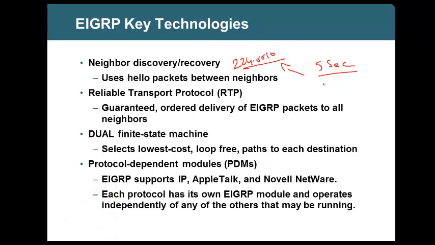If any neighbor fails to say hello for 10 additional seconds, meaning 5 plus 10, 15 seconds, that neighbor will be considered dead. Any information learned earlier from that neighbor will be thrown out. So neighbor discovery uses hello packets. Timers are 5 and 15. Next.